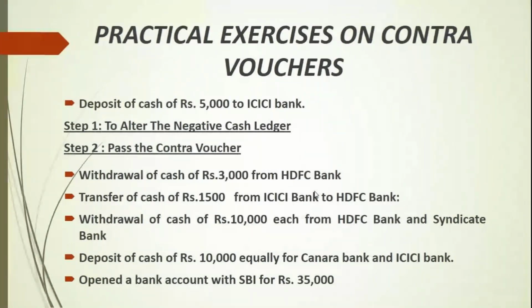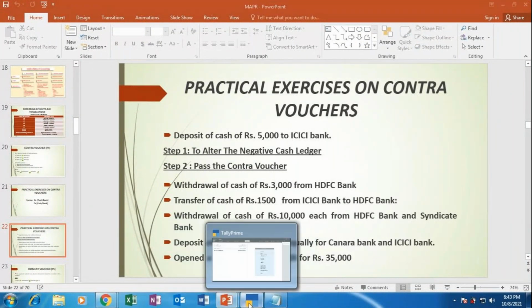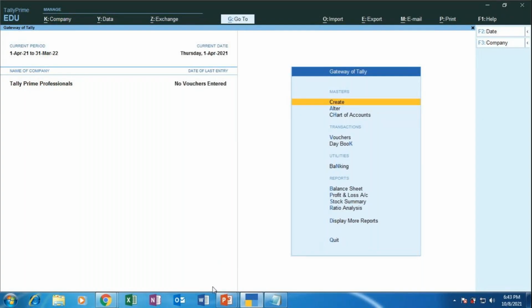What we have to do is alter the negative cash ledger. What is this altering of the negative cash ledger? Now, I hope all of you are in the Gateway of Tally screen.